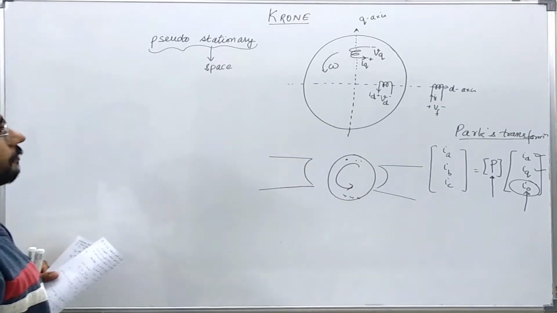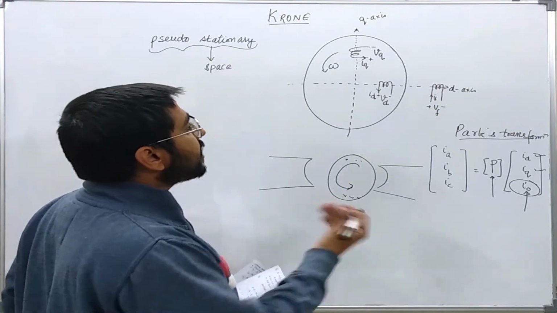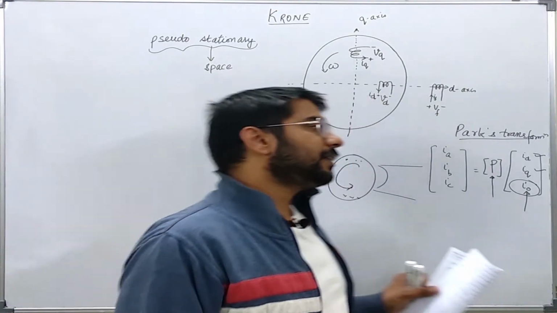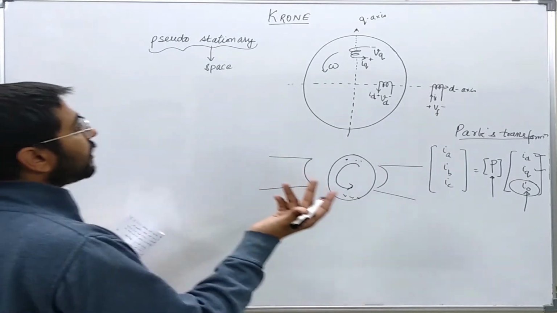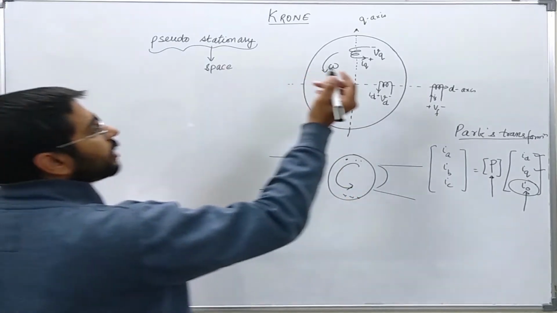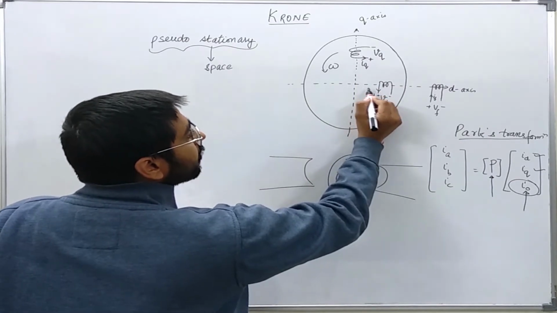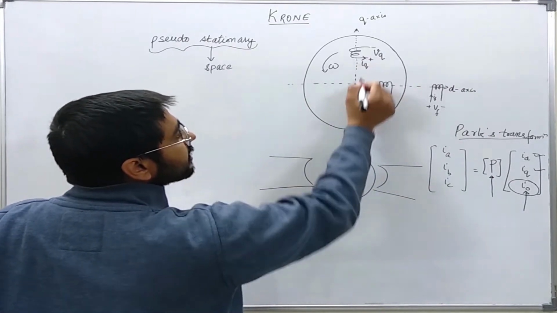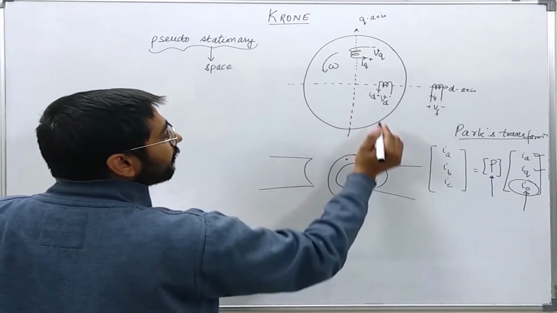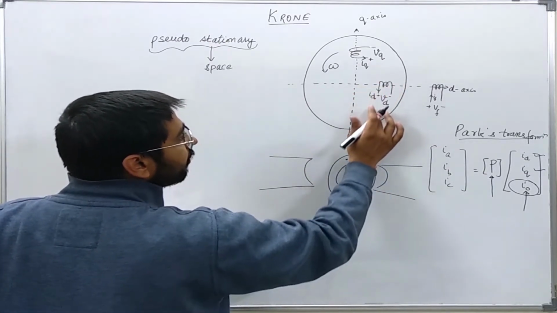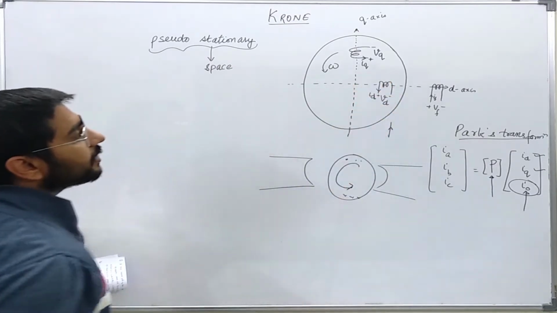Now next we will come to the sign convention. Usually for Kron's primitive machine, it was given that currents will be directed towards the center of the rotor, so the winding end towards the center of the rotor will have a current inside the coil.